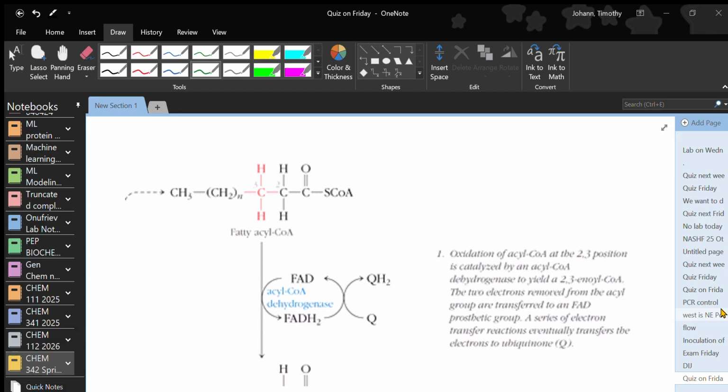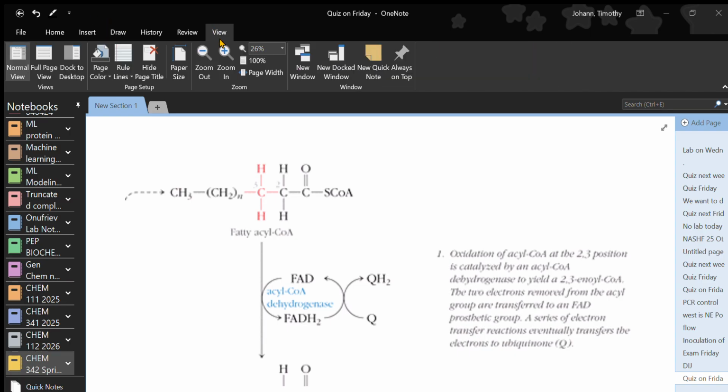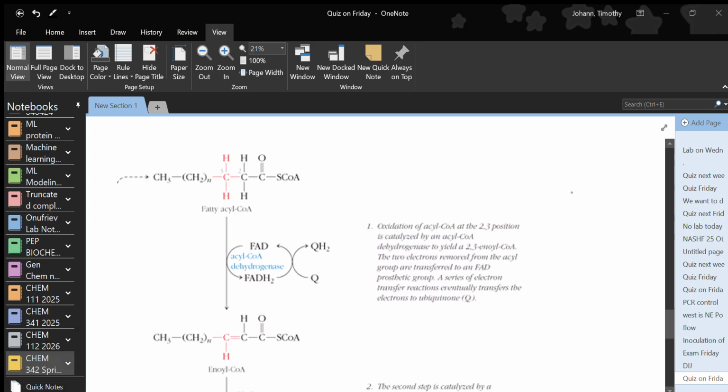The first thing we do is pull 2 hydrogens off and make a double bond here, which is oxidation, and we take those 2 hydrogens and load them onto an FADH2. So we're capturing the energy of those hydrogens as an FADH2.